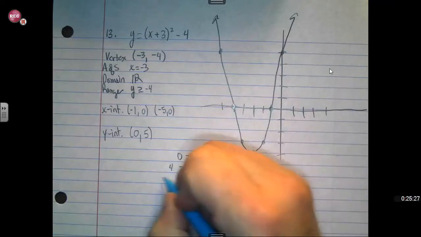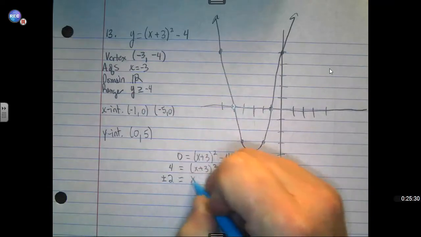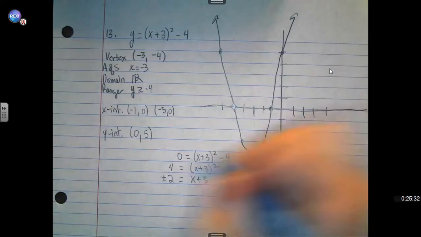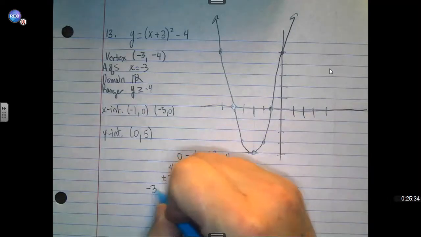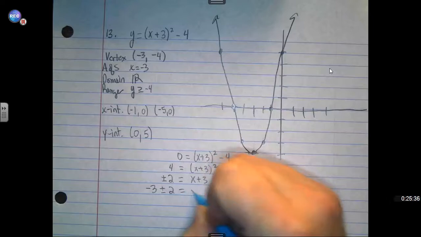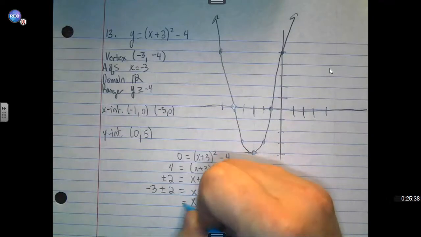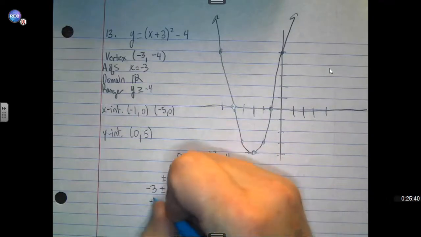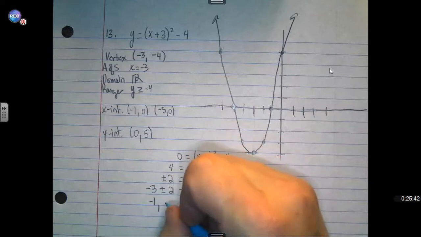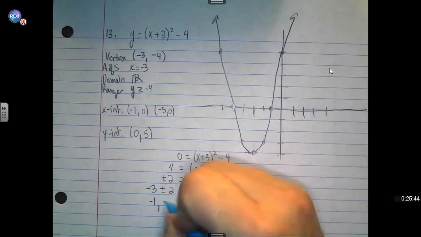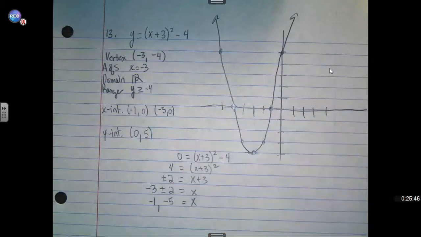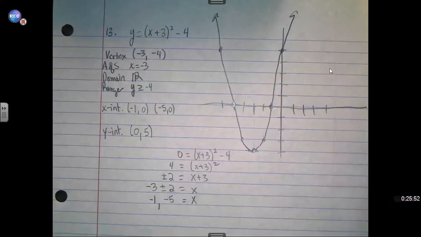So plus or minus 2 equals x plus 3. And then subtract 3. Negative 3 plus or minus 2. And negative 3 plus 2 would be negative 1. Negative 3 minus 2 would be negative 5. And that's what I got up there.